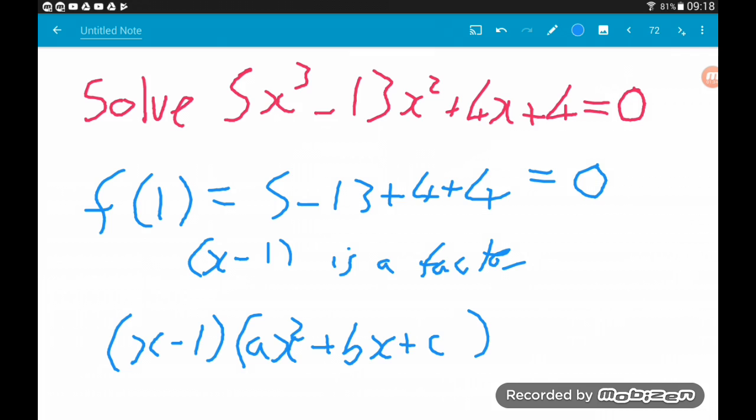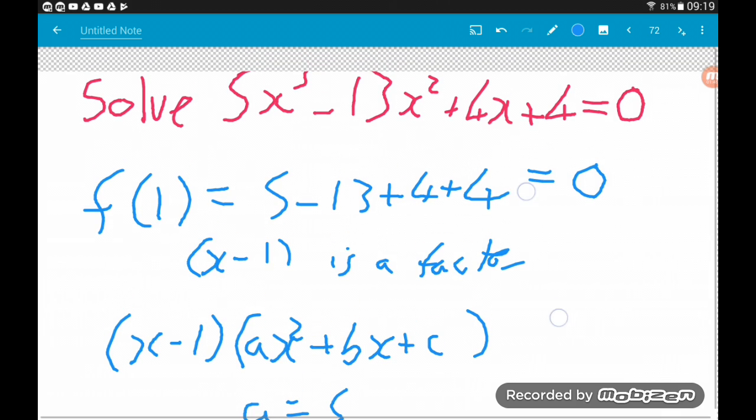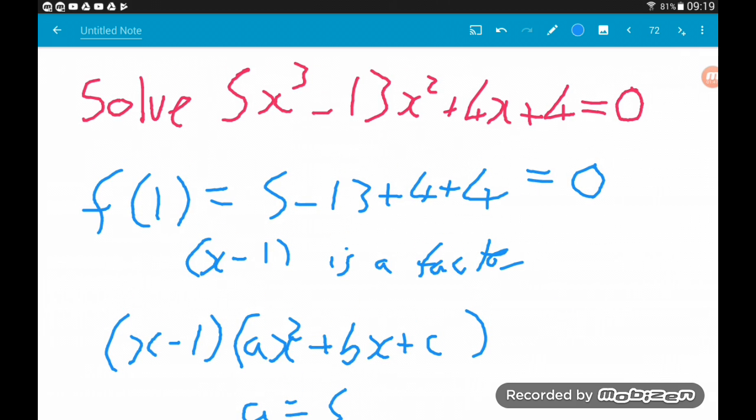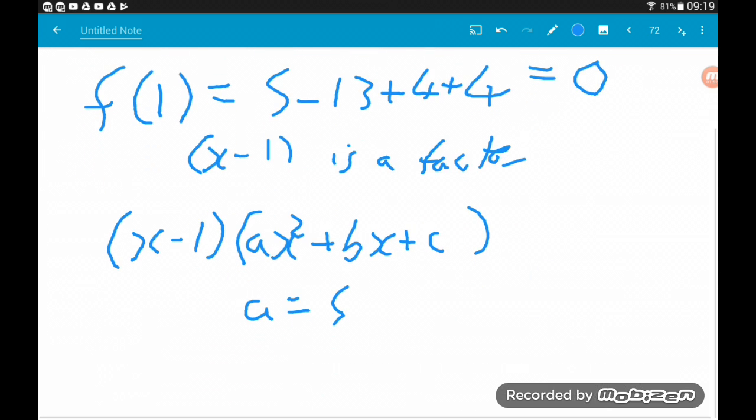So, to get that 5x cubed, we know that a is going to have to be 5. Together with the plus 4 at the end: at the moment we've got a minus 1. Minus 1 times c has to be positive 4. So that tells us c is minus 4.